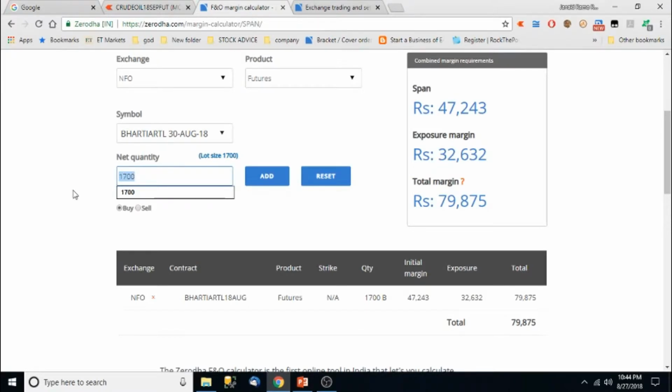That means one lot, and I can hold it till the expiry date of this particular contract. It is expiring on 30th August, so I can hold the same stock at the buy price until the expiry of that contract.